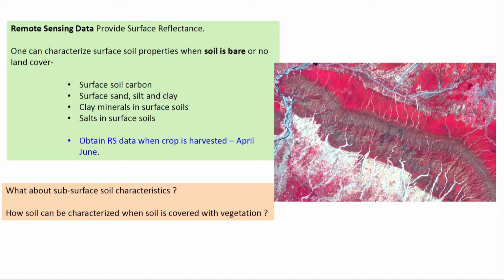It is very difficult, or not possible. So direct reflectance characteristics cannot help you derive information about the soil where the surface is covered with vegetation, or when you want to know about the subsurface soil.